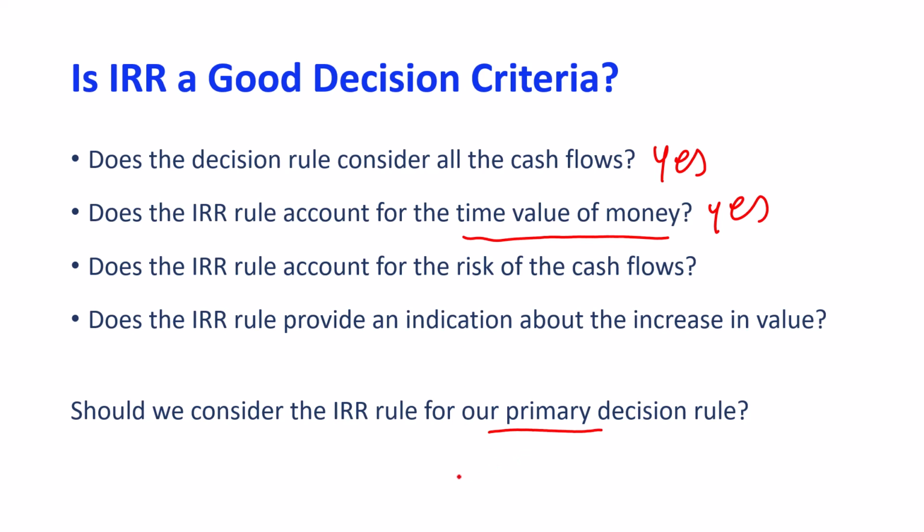Most of the time, the IRR rule is going to give you the same answer as the NPV rule, but there are a few occasions when the IRR rule and NPV rule might disagree. Because of that, we cannot really use IRR on all occasions. That's why we still prefer NPV as our primary decision rule.